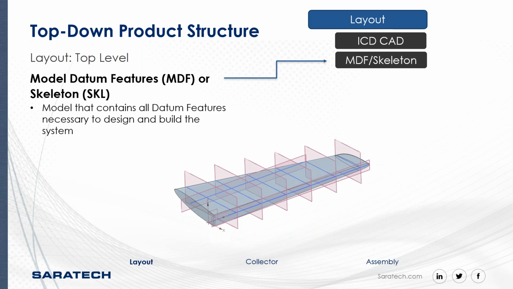So in the previous slide, we saw the ICD captured subsystem coordinate system. It captured the envelope, and it captured a datum point. Now at this level here, we grab that and we start building out our sketch, our skeleton here that will define the datums, where these ribs will be located, where that spar will be located, the closeout rib, and pretty much build the infrastructure at this level here, at the skeleton.